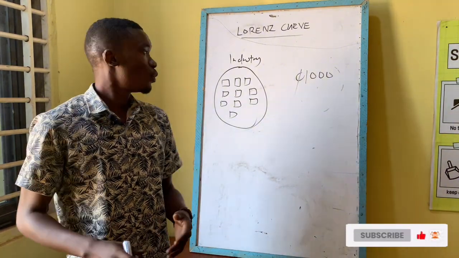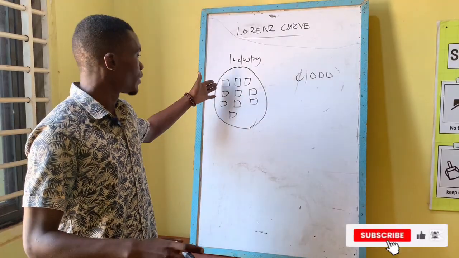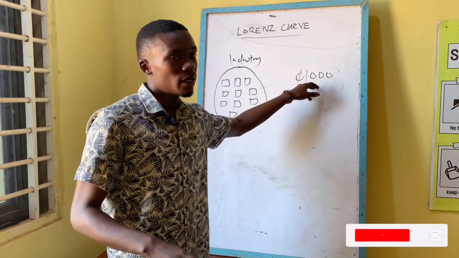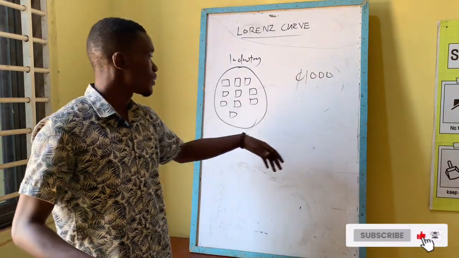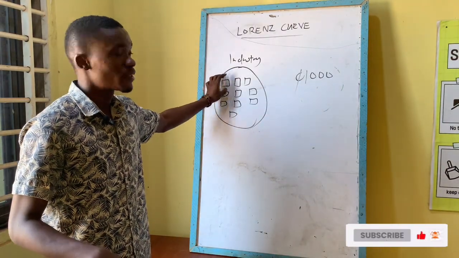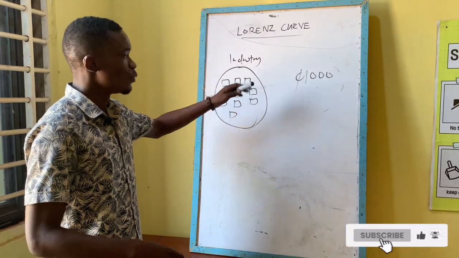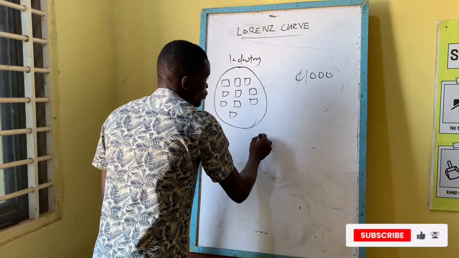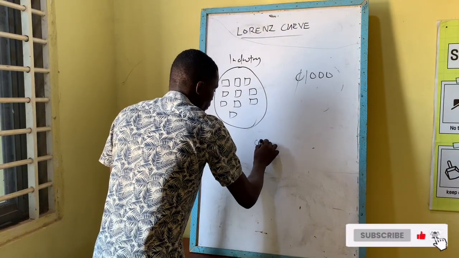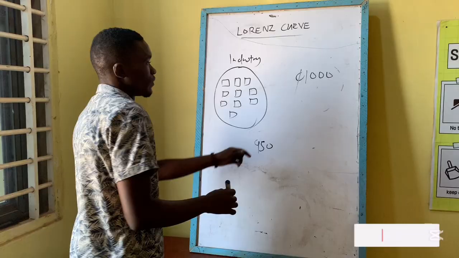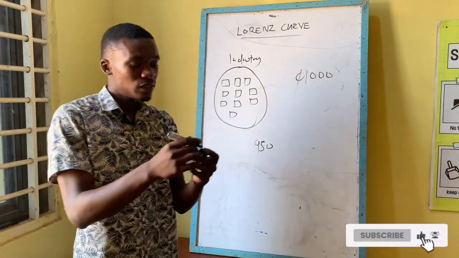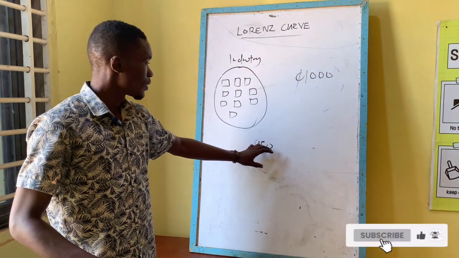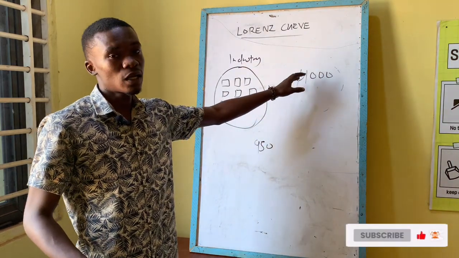We want to know how each of these firms contributed to this 1,000 Ghana cedis. We start by taking the first firm. We notice that out of this 1,000 Ghana cedis, only this firm contributed, let's say, 950 Ghana cedis. That means only this firm contributed almost 100% of the 1,000 Ghana cedis.